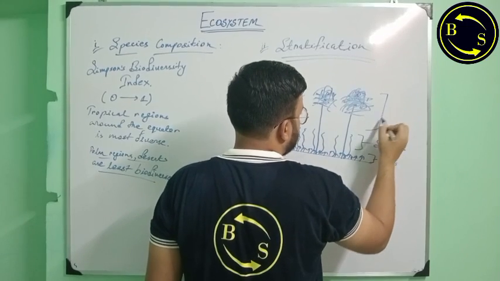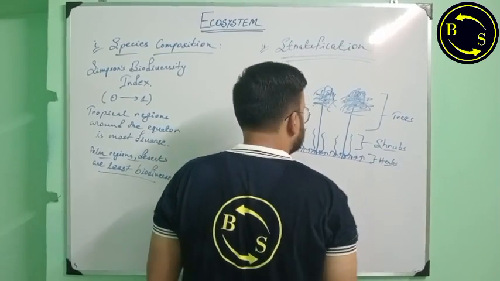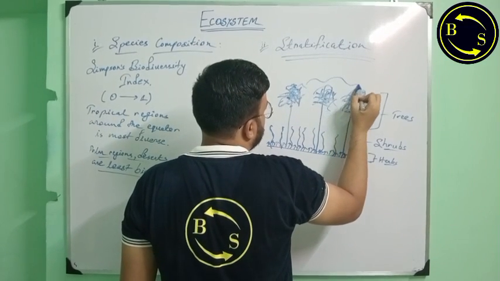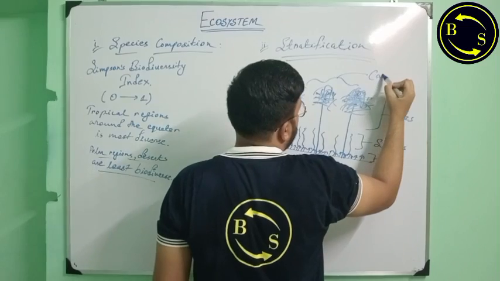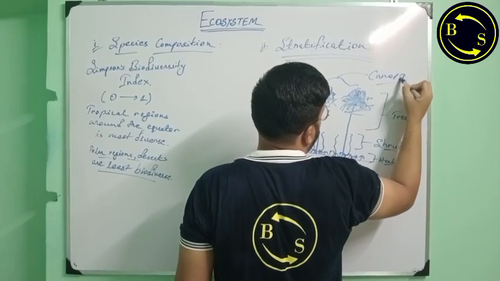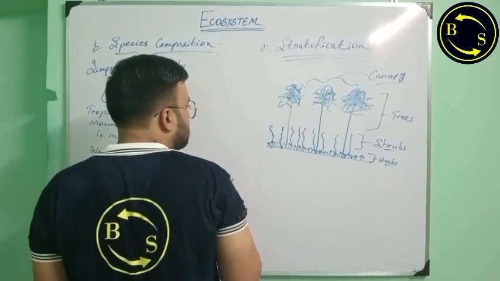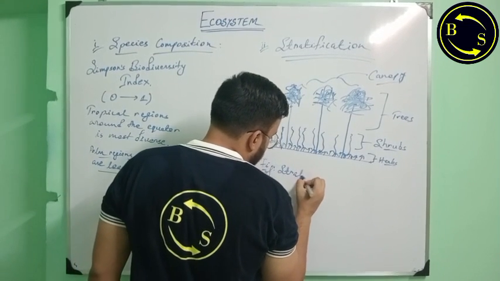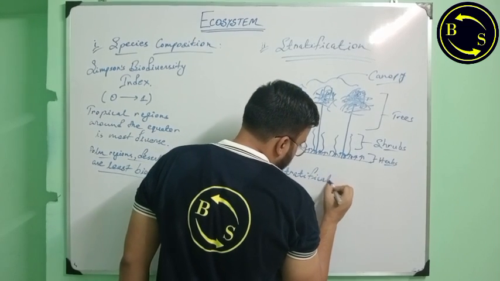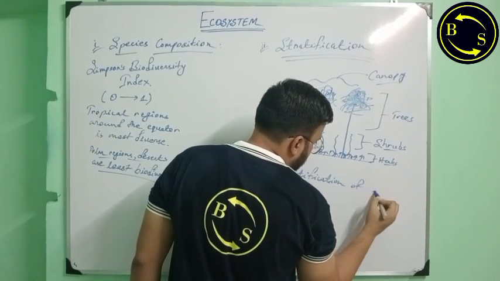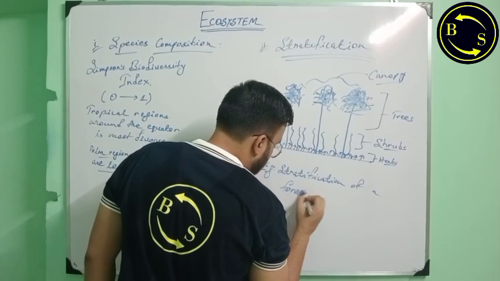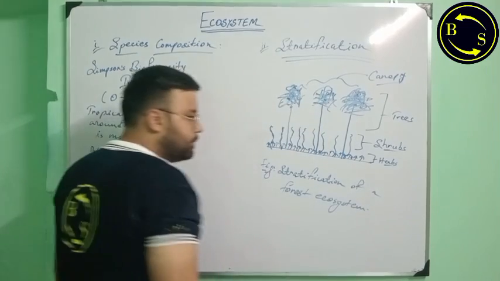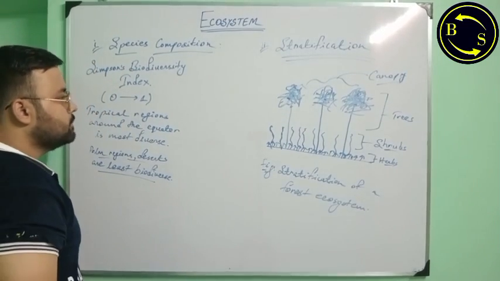These are the trees, and the top region of the trees is termed as canopy, the topmost part of a forest ecosystem. So this is the stratification of a forest ecosystem.